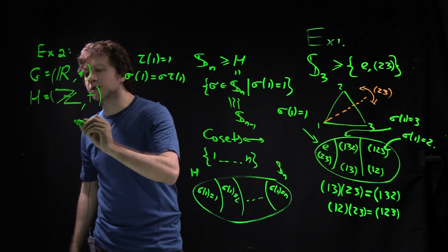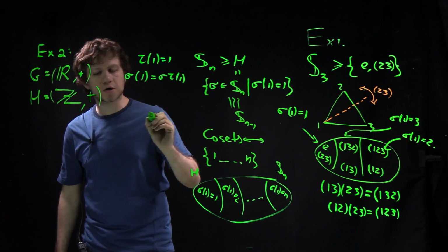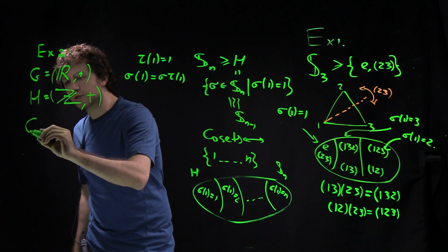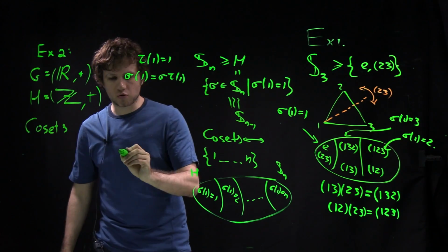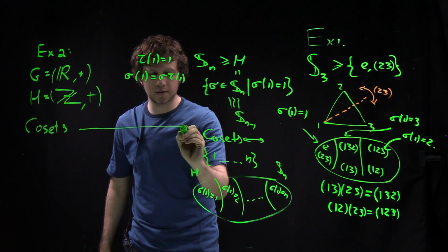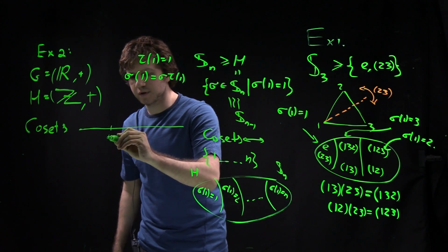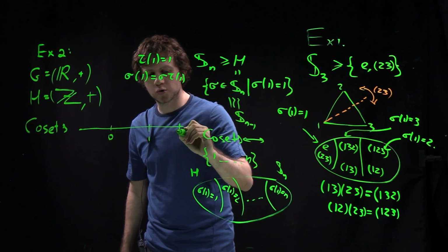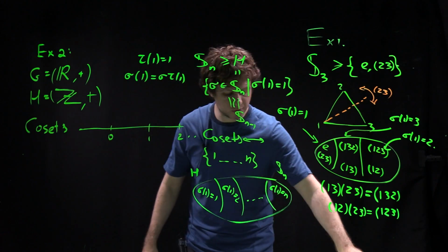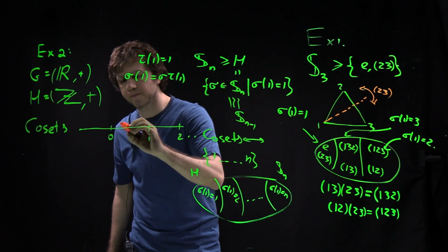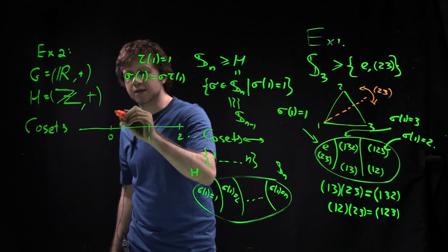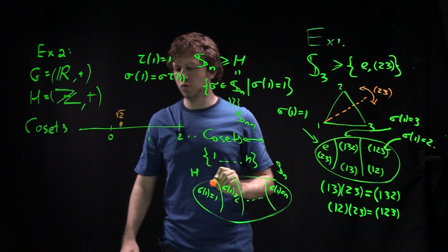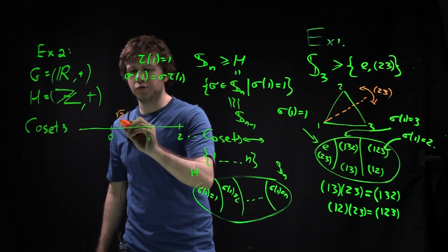And so one can look at cosets. So what are cosets? Let's just draw this picture. We have this real line, and we have 0, 1, 2, and so on. And let's suppose we take some element of G, say, square root of 2 over 2.